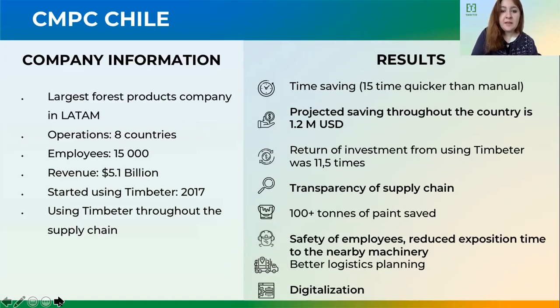The logistic planning has been improved, and also the safety of employees, which is very important for the company, got better, since the time for the measurement and the distance from the piles has been reduced for the users.